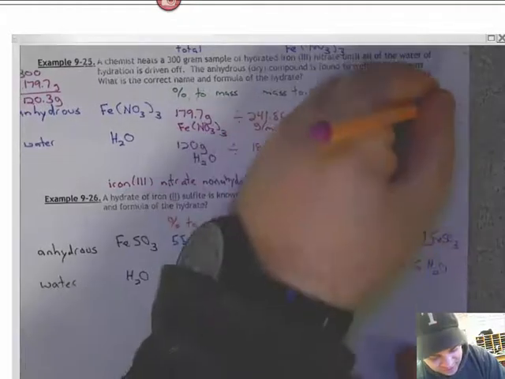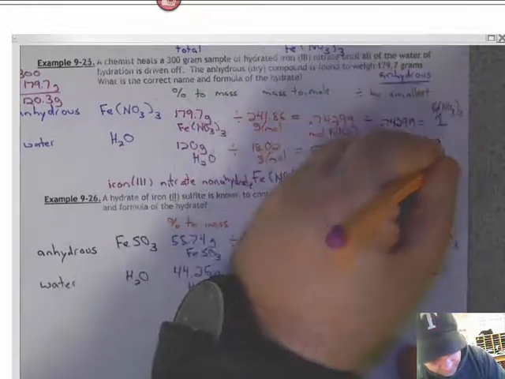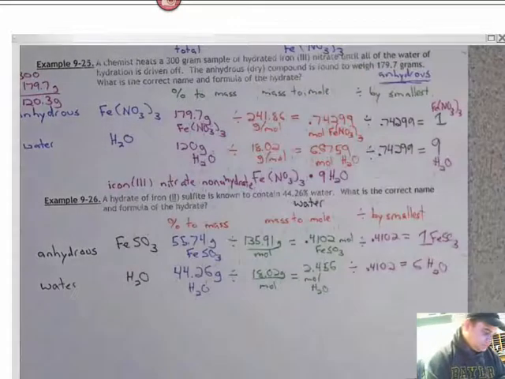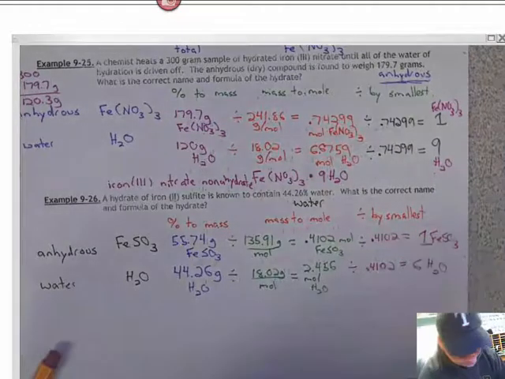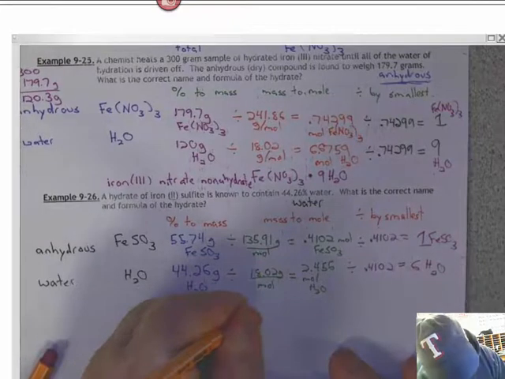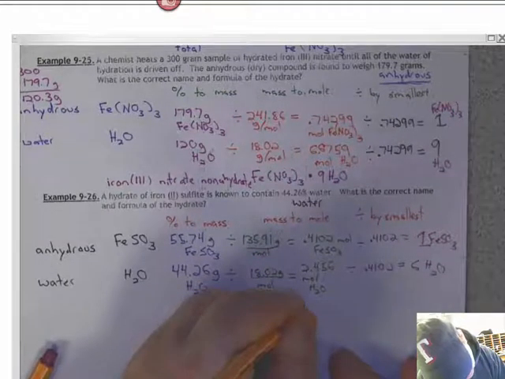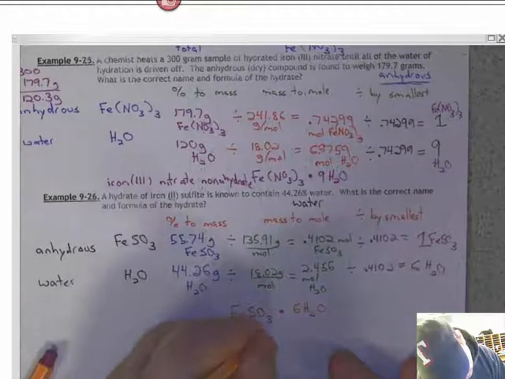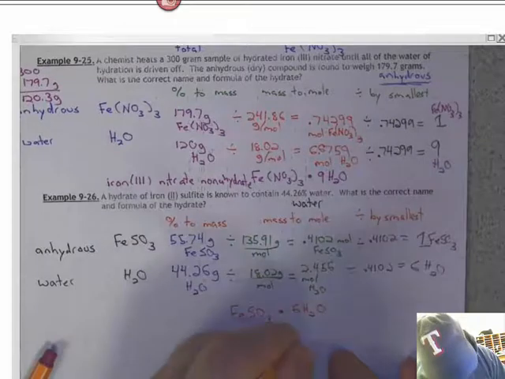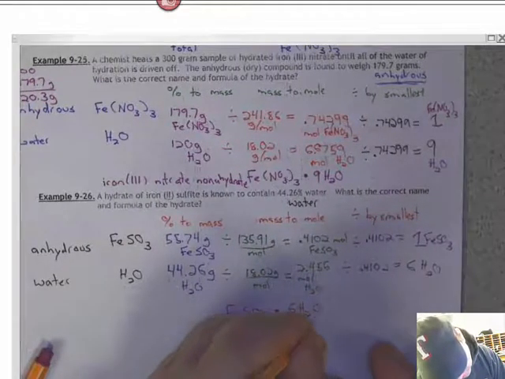I guess I should have done that for this one here too. So our formula when we do this is FeSO3 dot 6 waters, which is known as iron 2, because we need a Roman numeral because it's in the transition area.